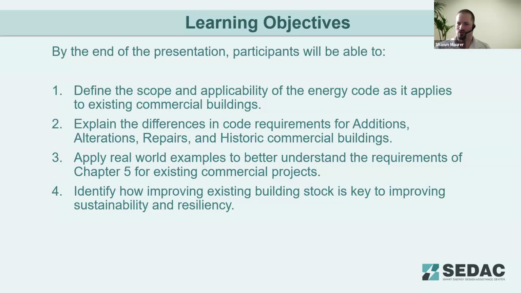We'll apply some real-world examples from assistance that we've provided to clients in the past to help understand how to apply the provisions in Chapter 5 to existing commercial building projects. Then we'll identify how improving existing building stock is a key to improving sustainability and resiliency as we go through some of those examples.